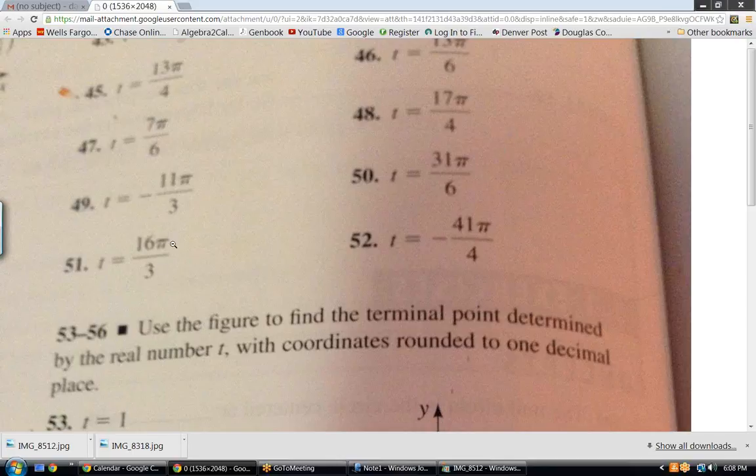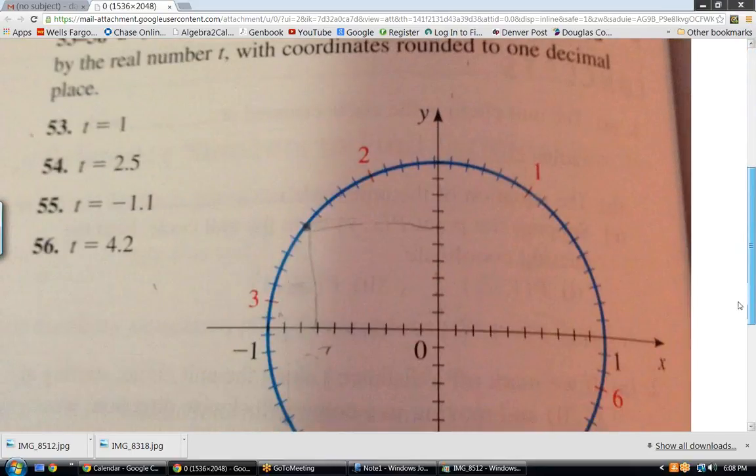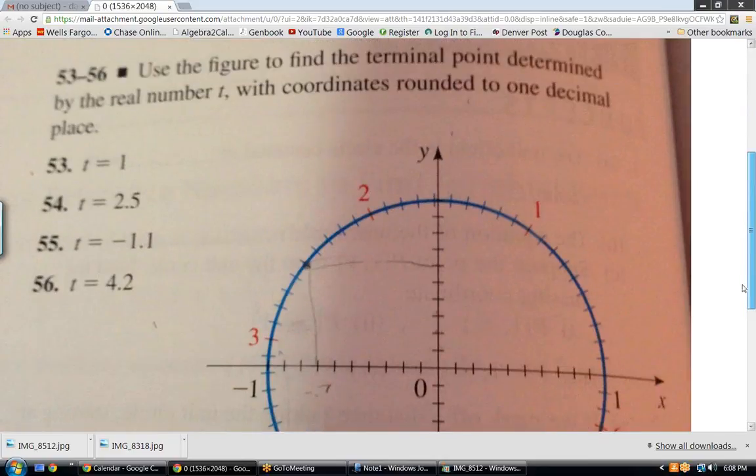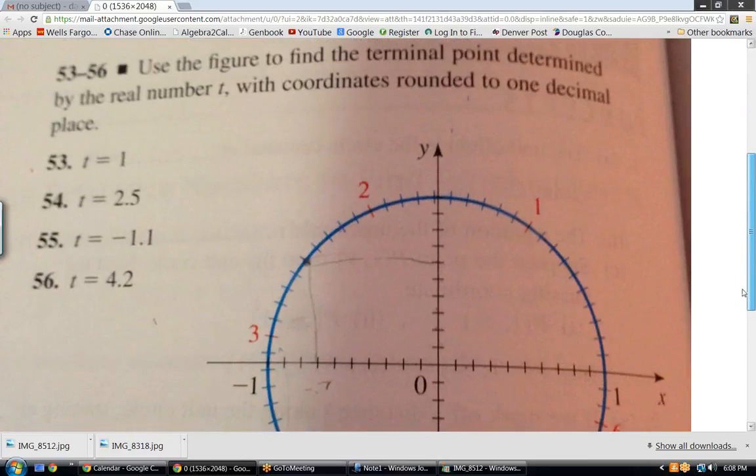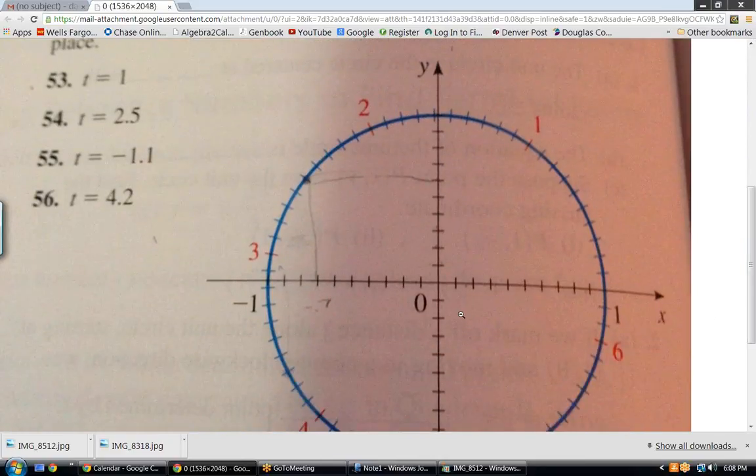In other words, t is an angle. All of these t's are angles up here. So this t is an angle here also.